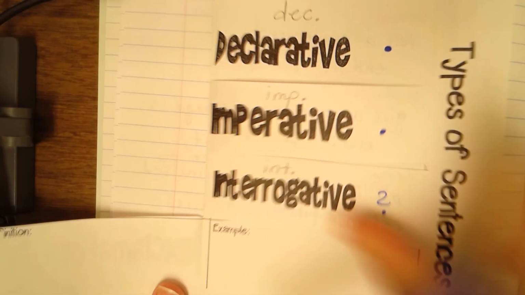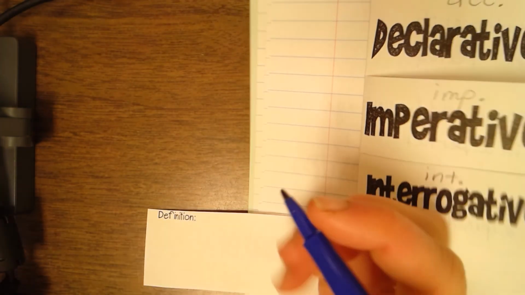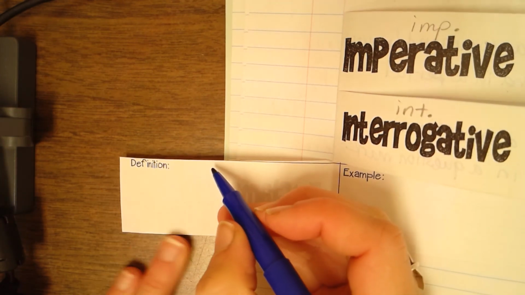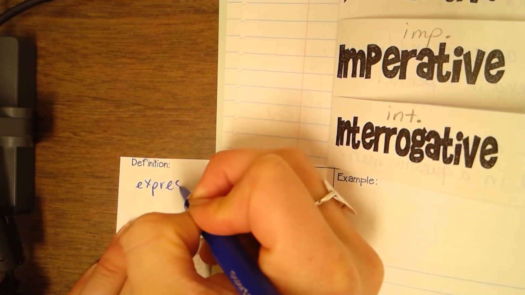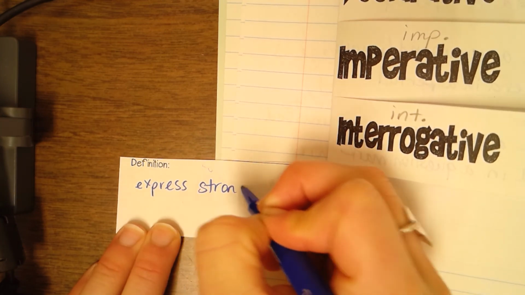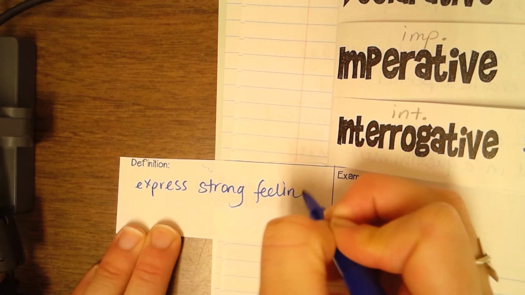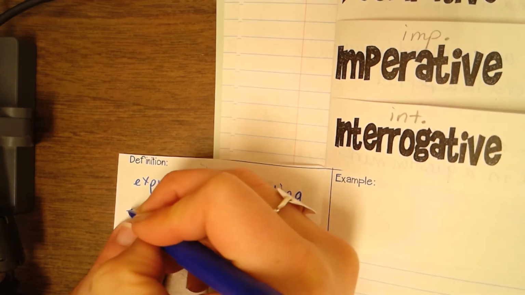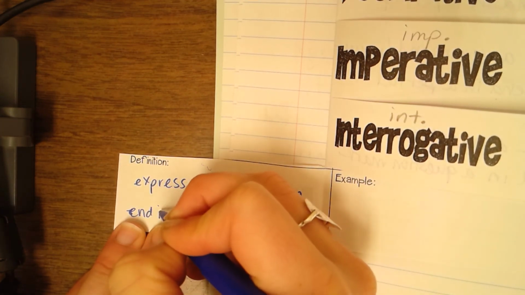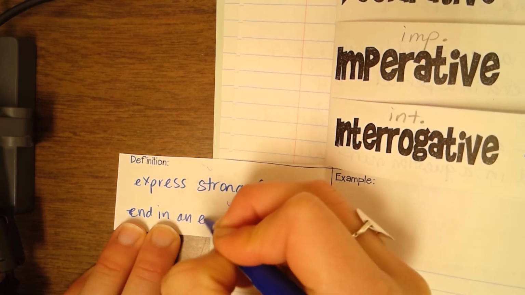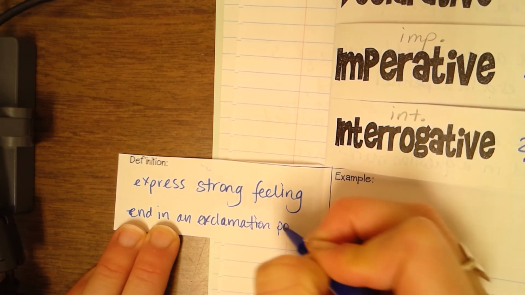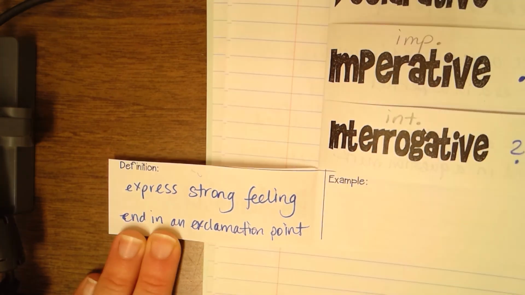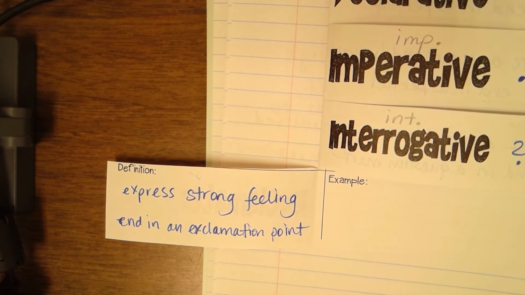All right, exclamatory is the last one. These are probably pretty easy to spot as well in a sentence or on a sheet or in an assessment because they express strong feeling. And they end in an exclamation point.